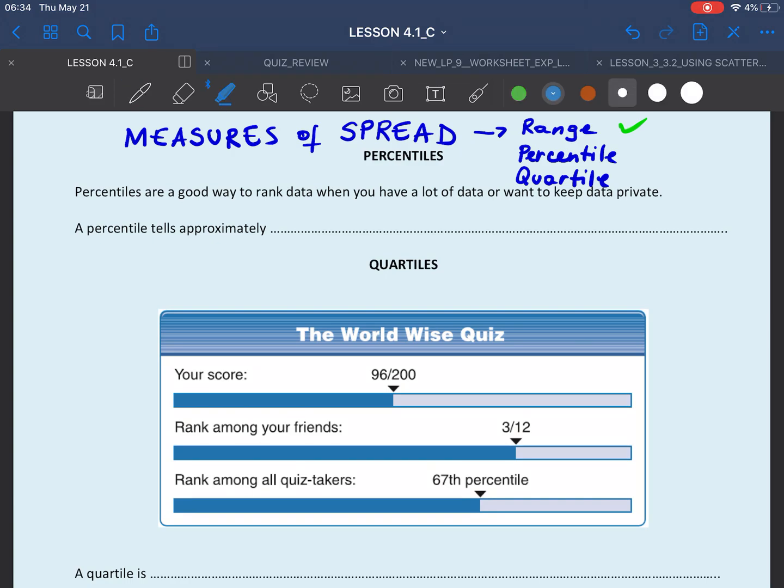Okay, so starting off with percentiles, we're going to say that a percentile will tell us approximately what percent of data is less than a particular data value. They are a good way to rank data when we have a lot of data but want to keep them private.